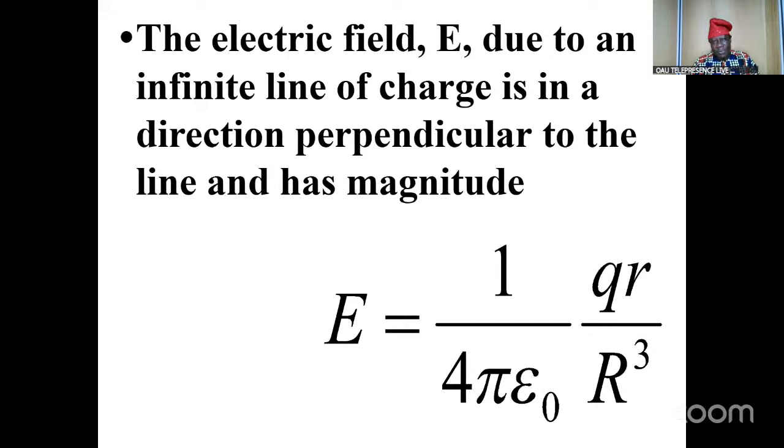So the electric field, due to an infinite line of charge, is in a direction perpendicular to the line. And so it has a magnitude E equals 1 over 4 pi epsilon naught QR over RQ. You can see we are choosing small r and capital letter R to make the difference between what we mean by distance and radius.